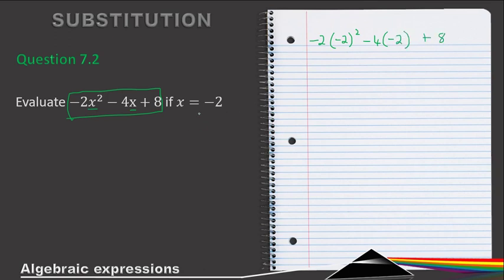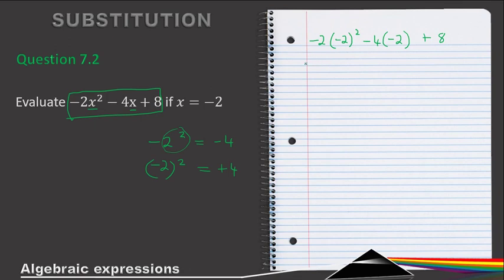Now see what happens if I don't use brackets. If I say negative 2 squared, and you can test it with the calculator, this becomes 4, so it's negative 4. But if I do use brackets as I should, remember a negative number squared becomes a positive number, so it's plus 4.